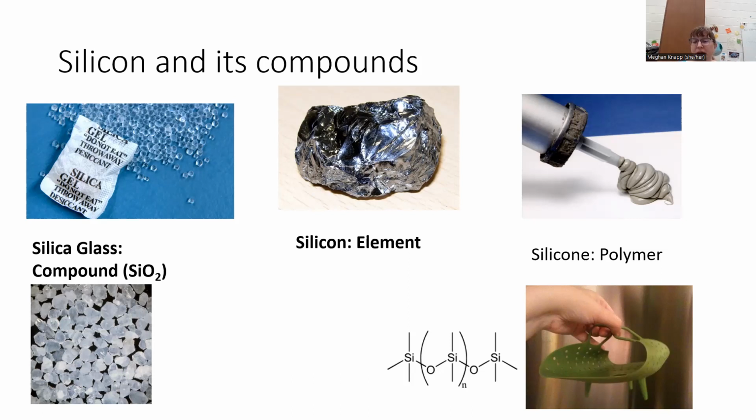Now you can see on the bottom that it also has silicon and oxygen. It also has these lines sticking up that don't have anything attached to them. That's indicating that we have an organic group, which, as you've looked at in chapter 2, means there's carbon attached to it. And so in this case, it's just one carbon with some hydrogens attached to it. But silicone can be made of a couple of different kinds of compounds.